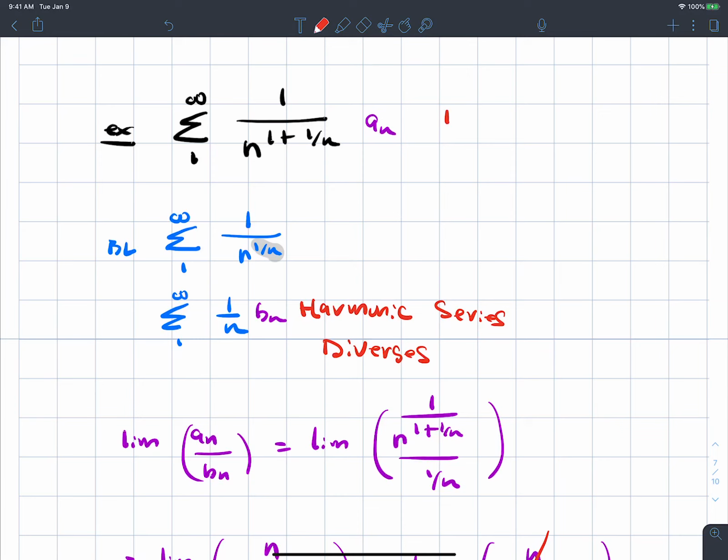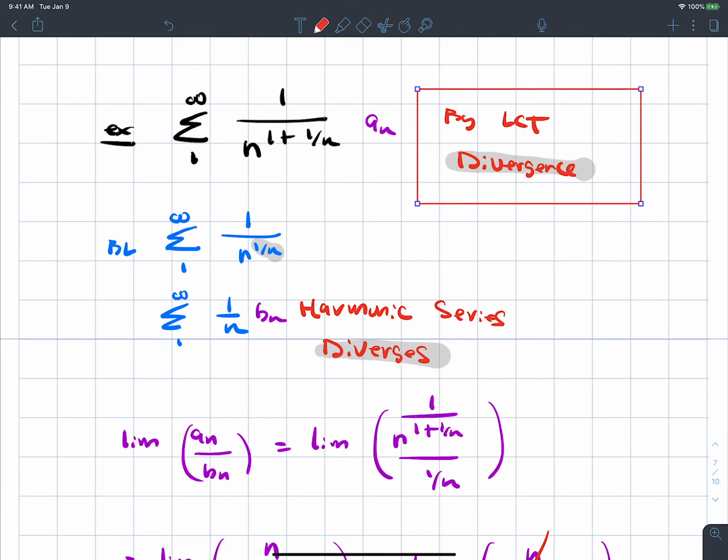Right here. By limit comparison test, we have divergence.